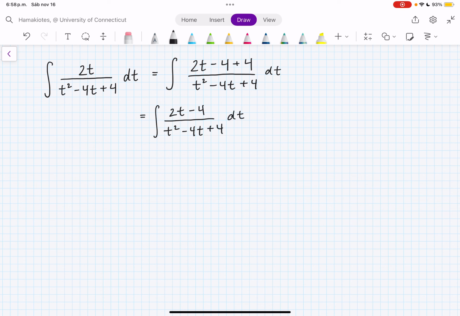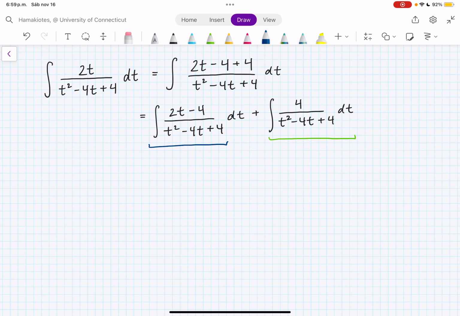And the second part is going to be what's remaining, so that's plus 4 over t squared minus 4t plus 4 dt. So now we have two integrals, but at least we have an idea of how to evaluate them. For the first integral, I'm going to evaluate this one in blue, and I'll evaluate this one in green.